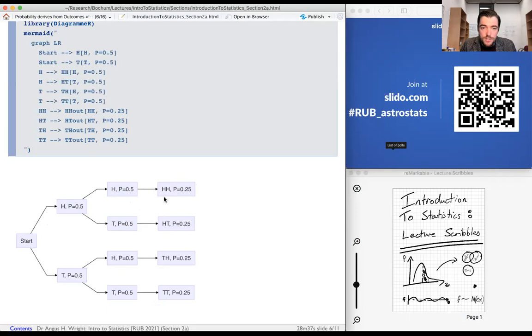So to get to this outcome, we have head, head, and the probability, which we'll get to more, is 25%. We'll get to why that is in a second. You have this outcome here, head, tail, tail, head, and finally tail, tail. And so that's the sample space. So you can use the probability tree to construct the sample space of possible outcomes.